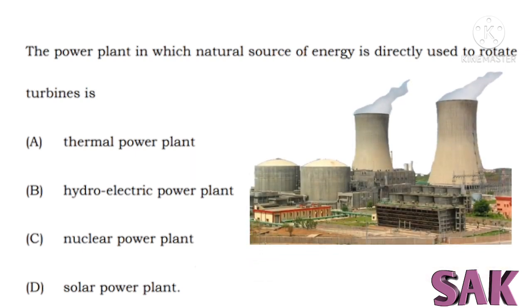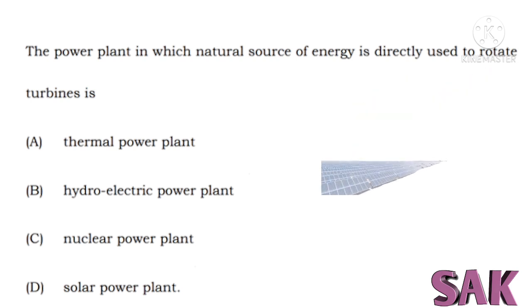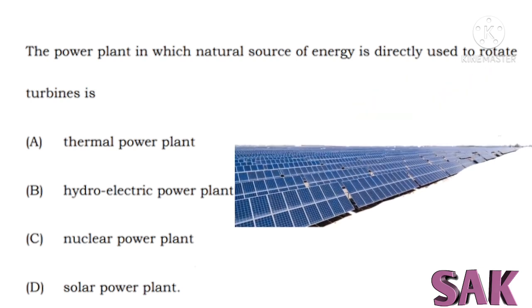Next, nuclear power plant. Here, energy released from nuclear fission is used to heat up water to produce steam, which rotates turbines. Finally, solar power plant. Here, solar energy is converted into electricity. Here, turbines are not used.